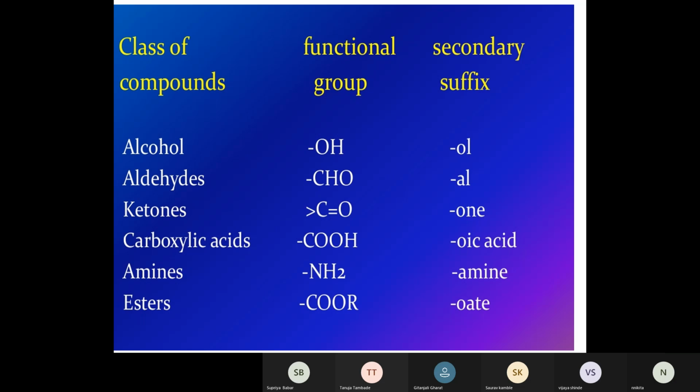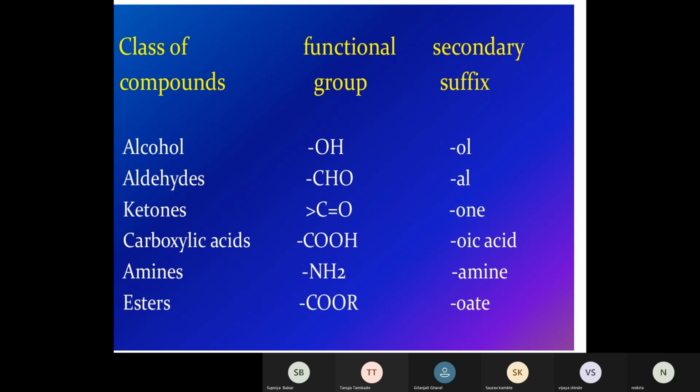Carboxylic acid compounds contain the functional group COOH. We write it as COOH here for simplification, for easiness. But actually the group is C double bond O, OH.